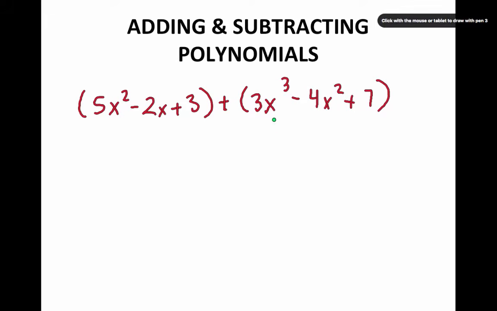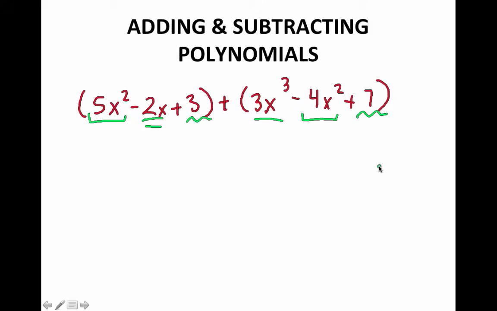So looking at the highest degree term, this guy, x to the third, does not have any friends. There's nothing else that has x to the third. But this one, negative 4x squared, has one over here with 5x squared. And then 2x is all by itself, but then there is a constant in both trinomials.